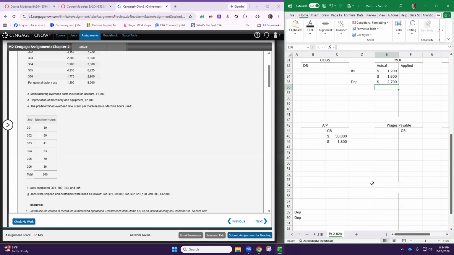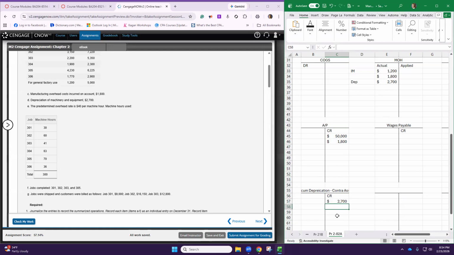And then we're going to use an account here for accumulated depreciation. Okay, remember this is a contra asset, so it's going to have a credit balance. So when we put 27 here, we're going to put 27 here.